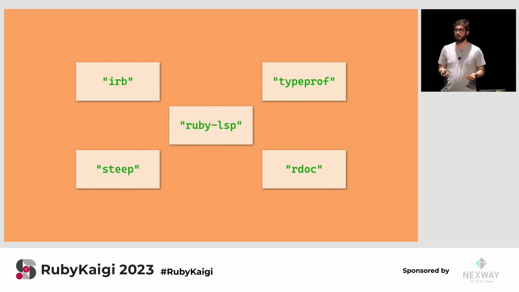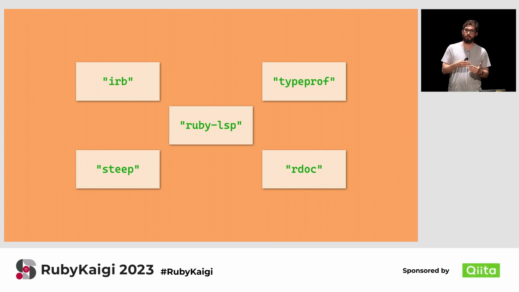They're both type checkers, so they must index the code base in order to provide their functionality. IRB doesn't do that, but it could use it for better autocomplete results. And RDoc indexes the code base in order to associate documentation with each method or class. So all of these gems could be reusing a shared index implementation, and there are probably more than the ones I listed.